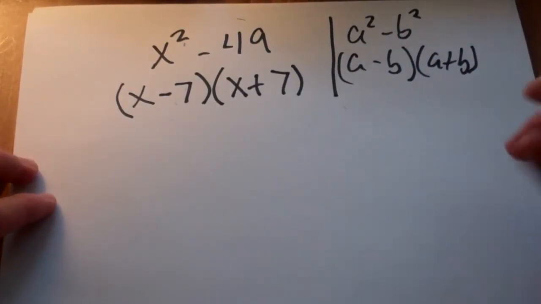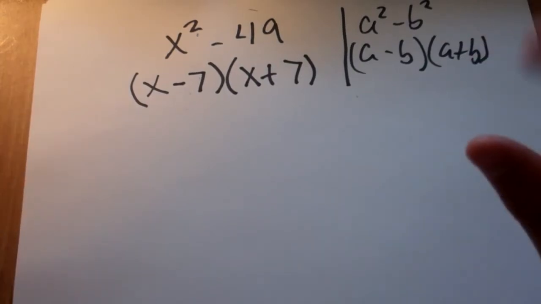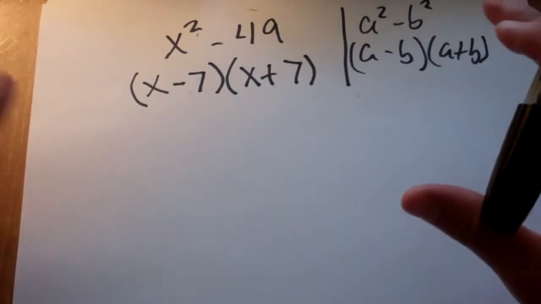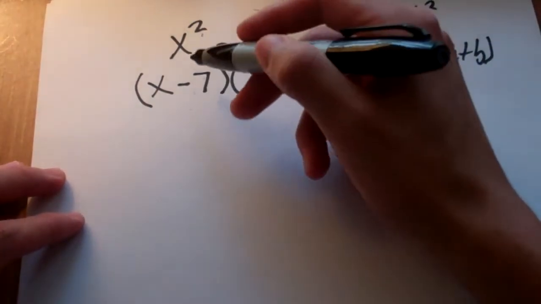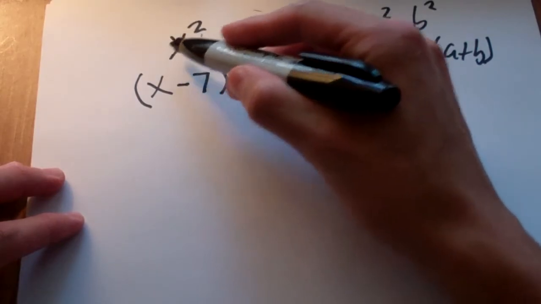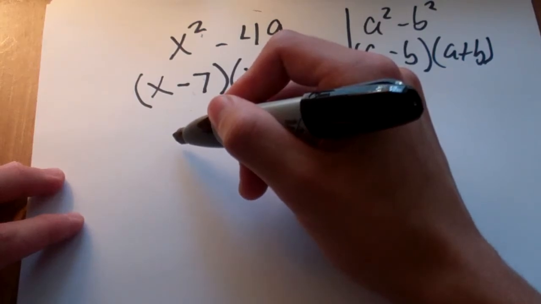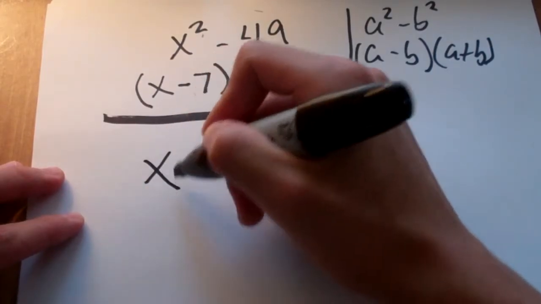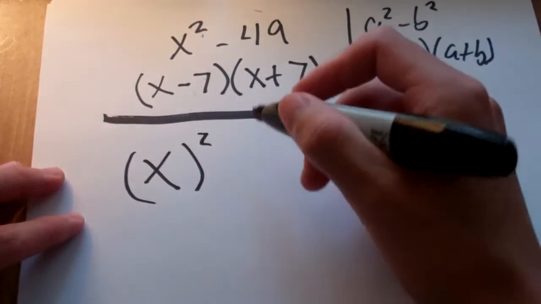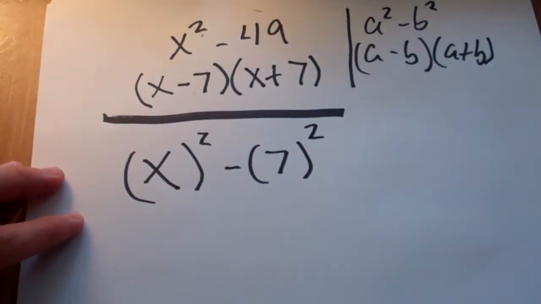So let's look at one that's a little more involved. Not much more, but let me ask you to look at it in a whole other way. Maybe this is a little bit easier if we look at it like this. If this is a and this is b, then I can say x squared minus 7 squared.